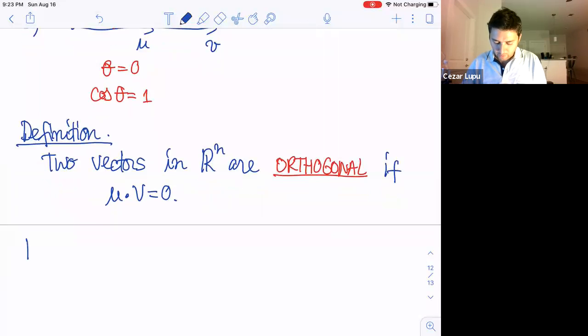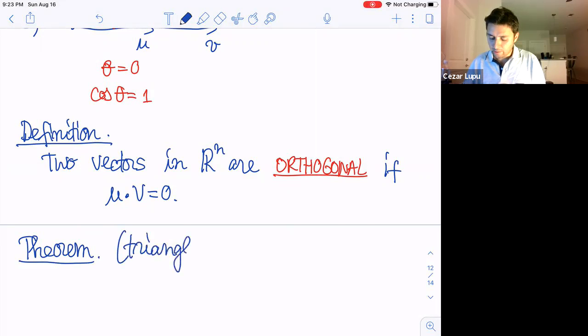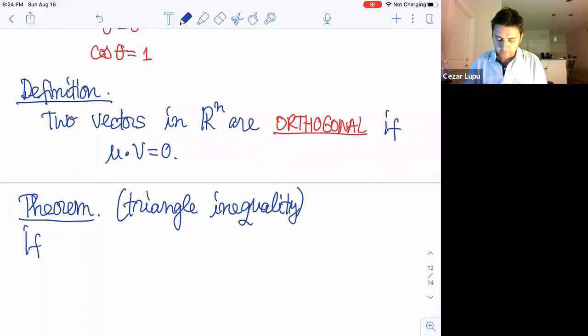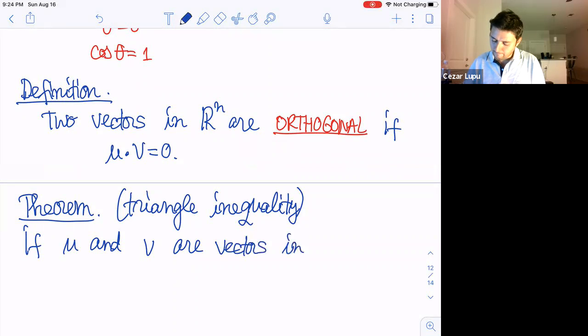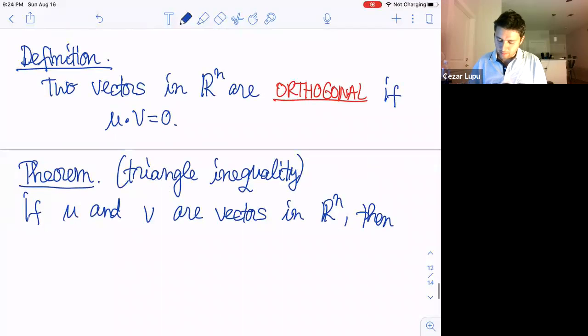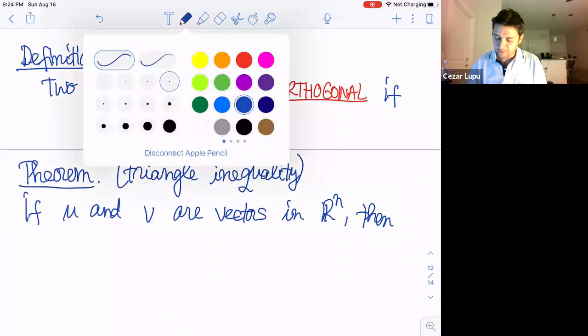And now I'm going to state the following theorem, which concerns another very important inequality, the triangle inequality. This inequality says the following: if u and v are vectors in Rn, then the following inequality holds true.